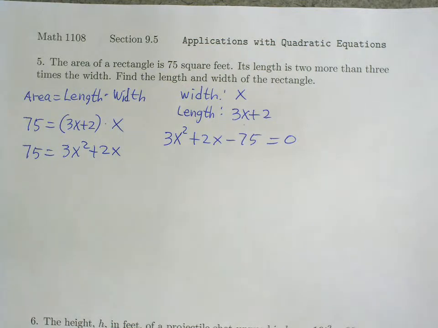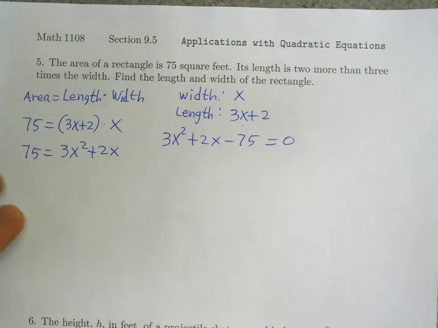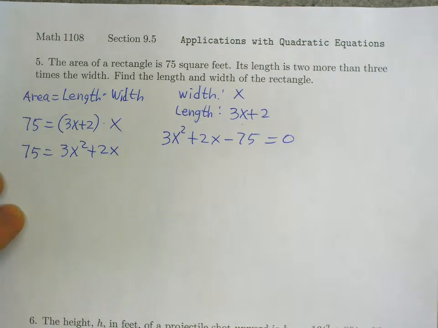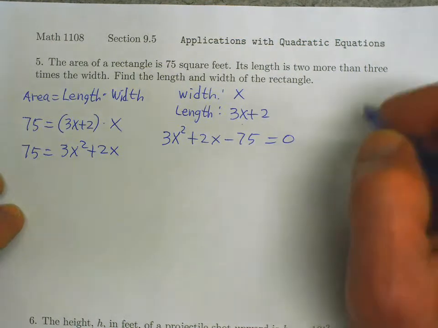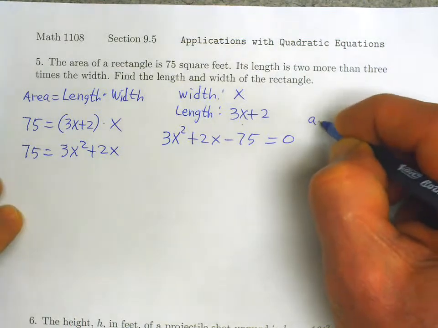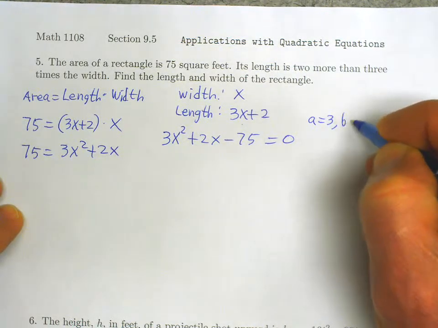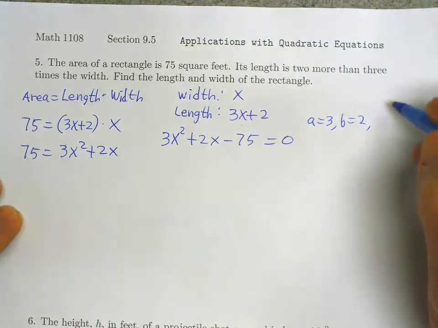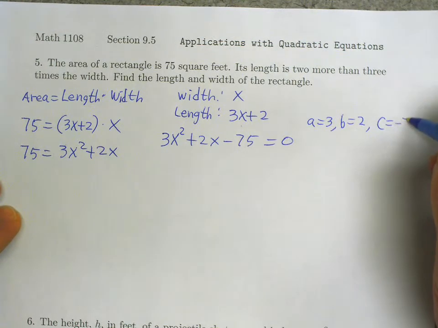Okay, so we have a quadratic equation in standard form. I guess we could use the quadratic formula. We could probably solve it by factoring, I suspect, but let's use the quadratic formula where a is 3, b is 2, and c is negative 75.